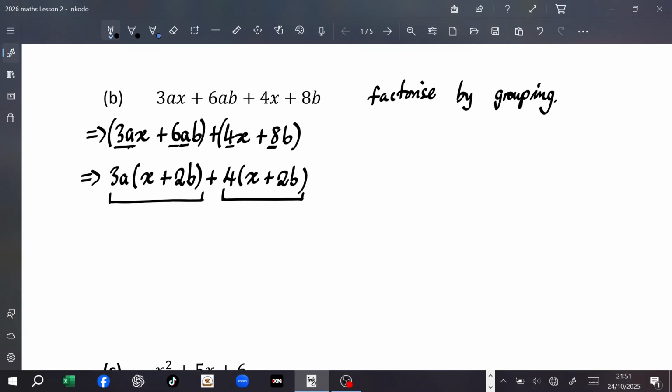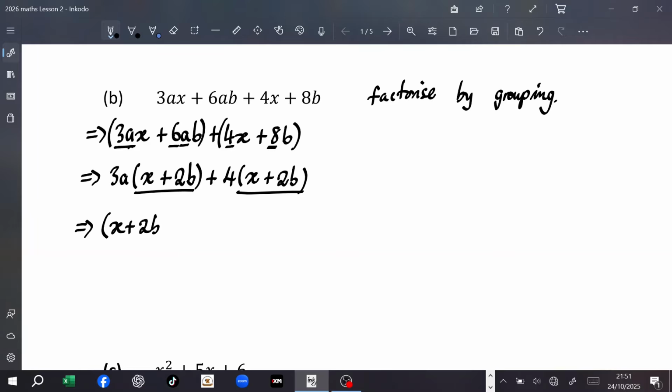All right, so these two terms that we see have got something which is common. We have in brackets here, what is inside the bracket is common also here. So you factor that one out. So you say, okay, what is common is x plus 2b.